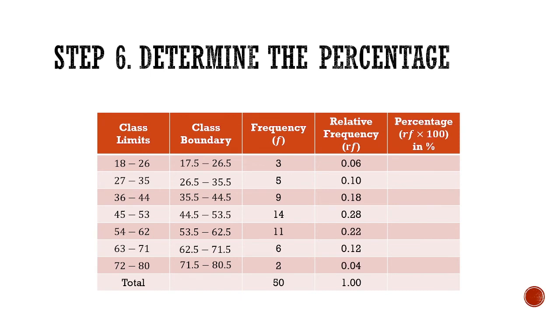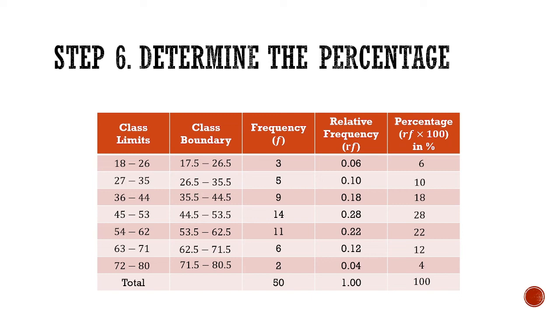And for the percentage, we just need to multiply the RF by 100. So we have there 6, 10, 18, 28, 22, 12, 4, and that has a total of 100. Okay, so that is step 6, determining the percentage.